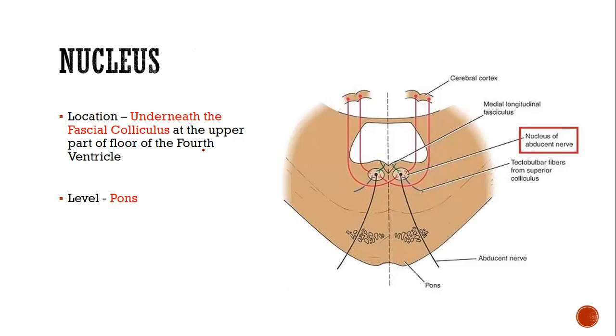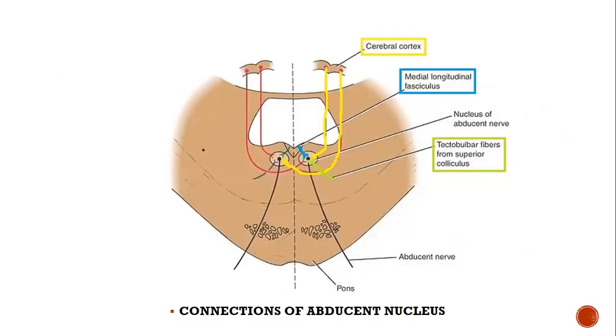This diagram shows a section of the pons, and the facial colliculus was defined as a globular swelling on the posterior aspect of the pons due to the underlying facial nerve winding around the abducens nucleus. So the abducens nucleus is present underneath the facial colliculus at the level of the pons.